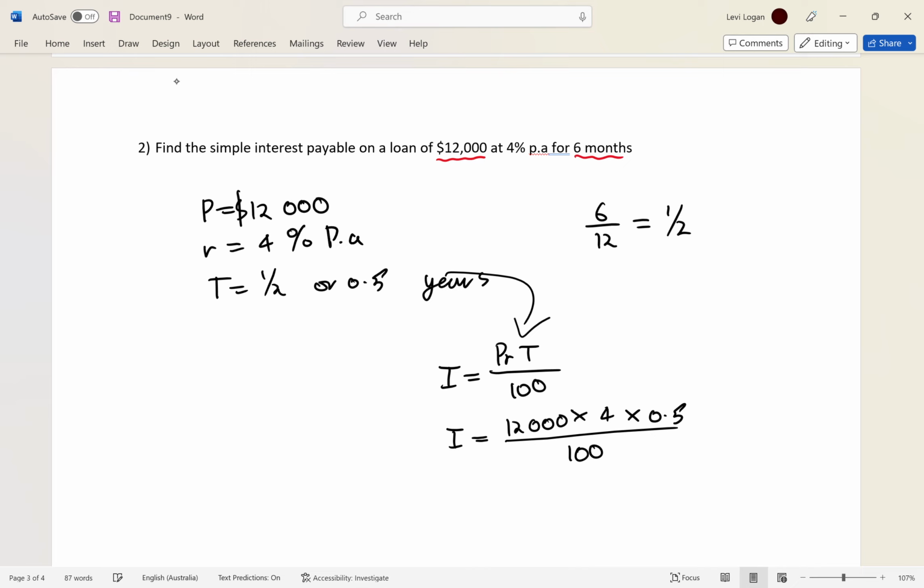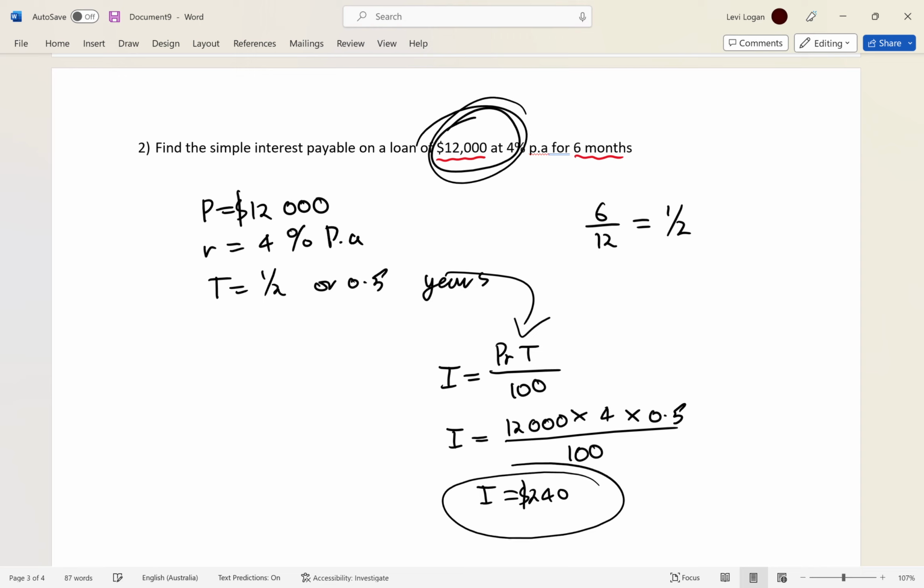Putting that into our calculator, our interest is $240. Alright, so he's taken this much out of the bank and he's only had it out for 6 months. So in total, he'll have to pay back this much money plus the interest generated on it.